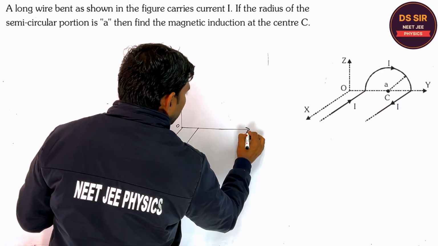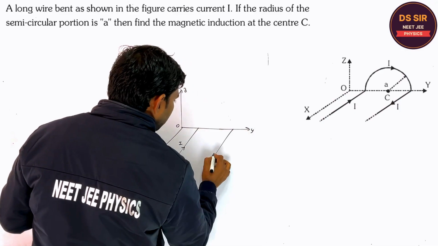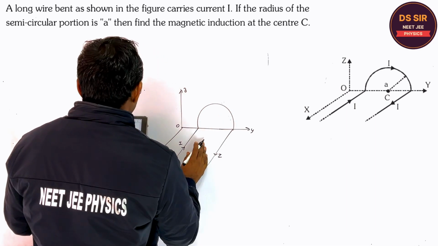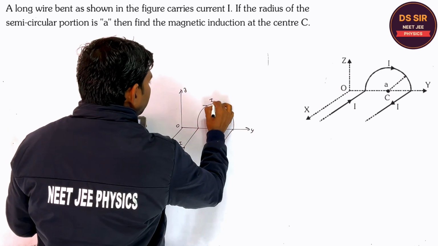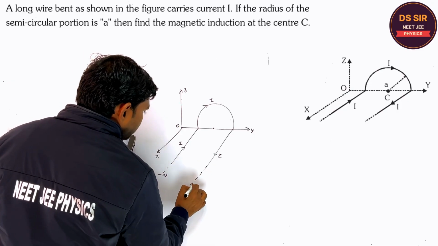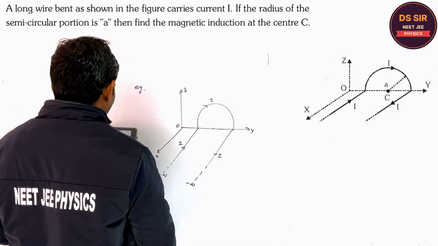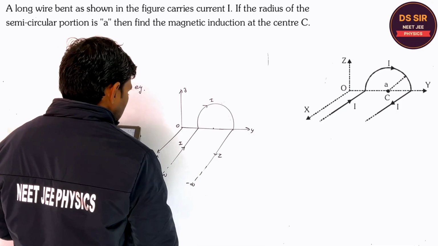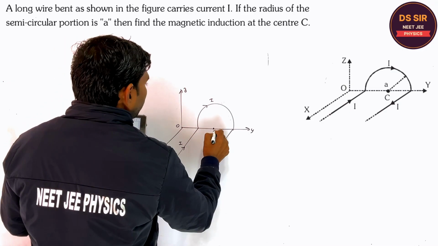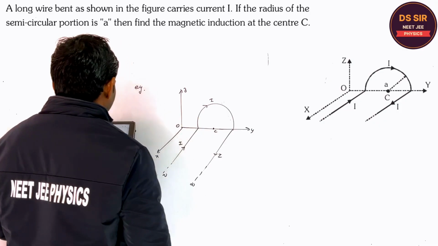This is another wire carrying current I in this direction, and this is another part. The same current comes from minus infinity to infinity, like this. So we have to find the magnetic field at point C.